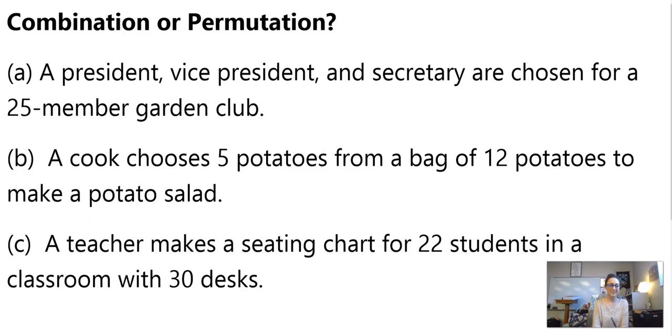This is going to be a permutation because order matters, right? It matters whether you're a president, vice president, or secretary. But for B, a cook chooses 5 potatoes from a bag of 12 to make a potato salad. That's a combination because it doesn't matter what order I pick those 5 potatoes. But C is another permutation because typically you care where you sit in a seating chart. So order would matter for part C.